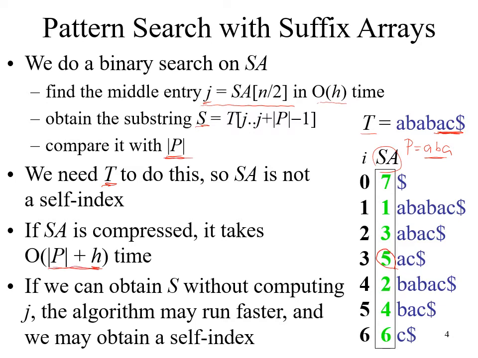So the time is pattern length plus h, and we repeat this log n times for binary search. So we need T. But if we can obtain S, the substring, without computing j, then the algorithm may run faster and we may obtain a self-index. So we want to change the search algorithm.